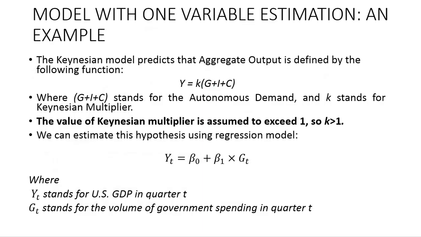And in our case, of course, Y stands for the dependent variable. So this is the variable to be explained by the volume of government spending. In this case, we omit investment and consumption, which is not the best strategy in econometric estimation. We will discuss this later, but for this basic example, it's more than enough.